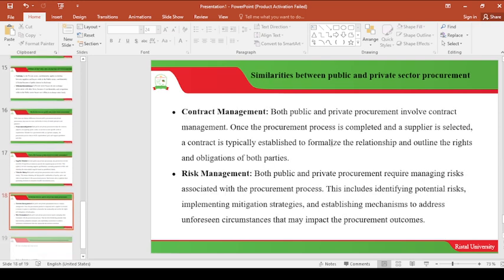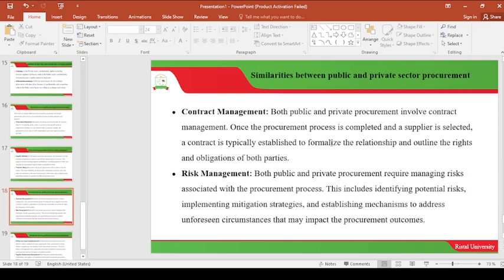Then another point is contract management. Both public and private procurement involve contract management. Once the procurement process is completed and a supplier is selected, a contract is typically established to formalize the relationship and outline the rights and obligations of both parties.